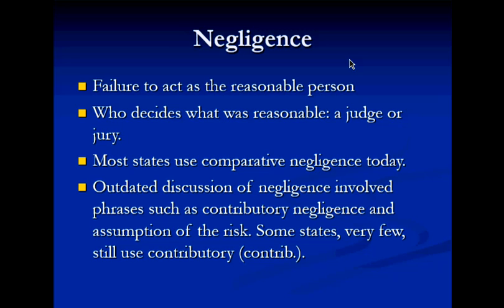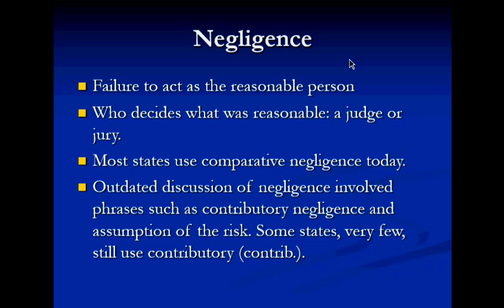Now, most states use comparative negligence. Comparative negligence is when the person that's injured, it kind of chips away at their case because it puts some of the blame on the person that was injured. Outdated defenses involve phrases such as contributory negligence, meaning that there is something that was done by the person that was injured.